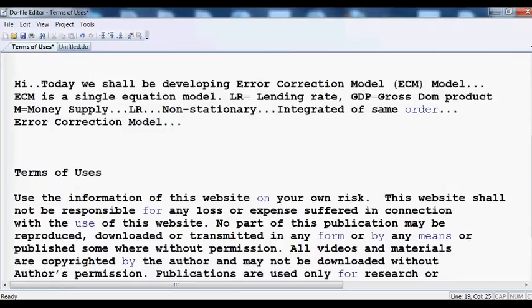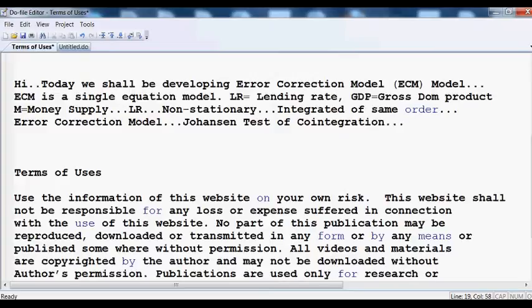Okay. So when the variables are integrated of the same order, then we can use the Johansen test of co-integration, right?